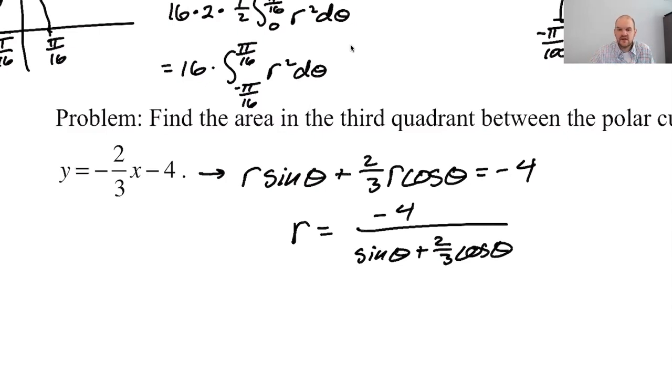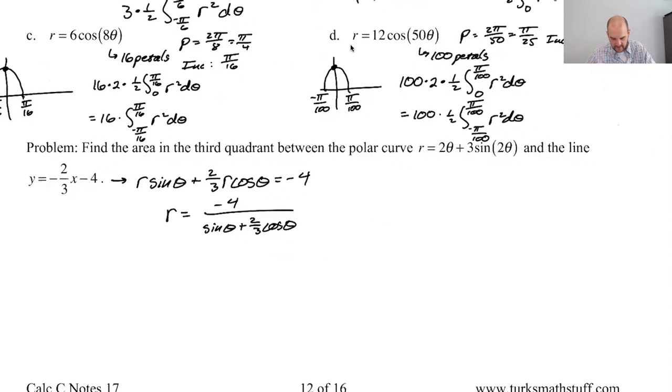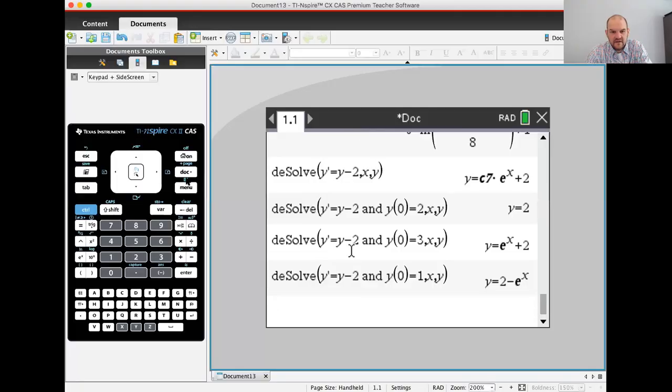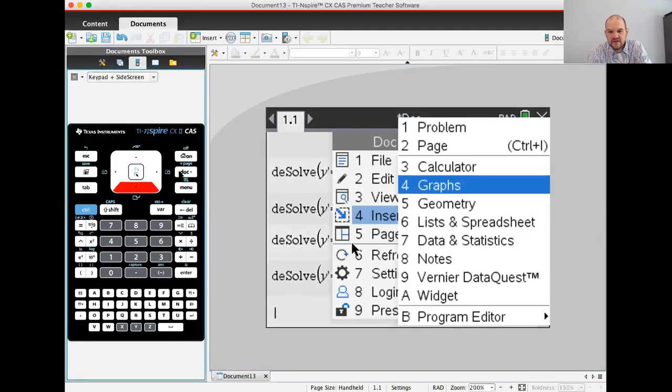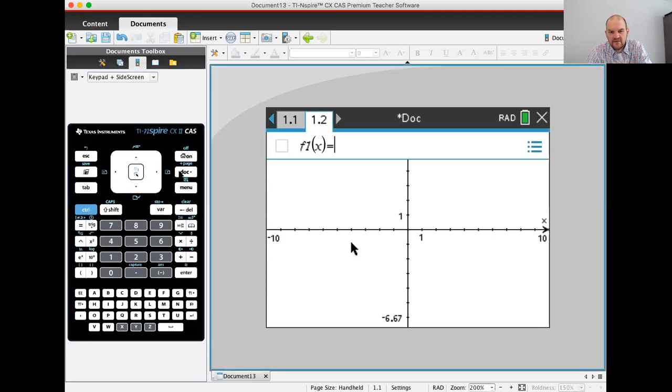All right, so now what I'm going to do is graph it on my calculator just to see. I have no idea what's going on here. I mean, maybe I have some idea. So let's share a calculator screen. And let's change to a graph page, doc4, then graph.